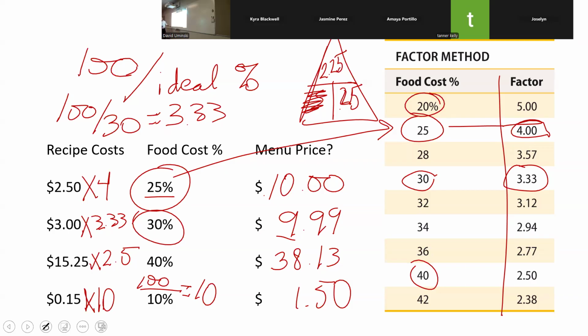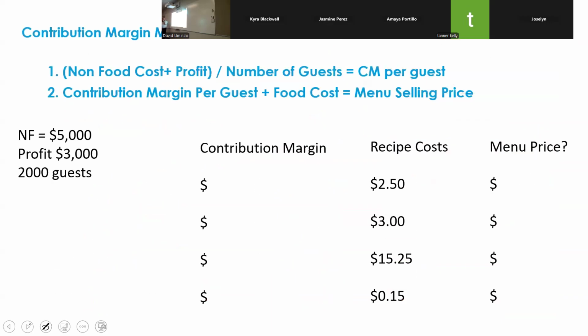Any questions about the factor method? All right, let's do another one. Contribution margin. The contribution margin is what contributes to the profit and the non-food cost. So we have our food ingredient costs, and then we have all of our non-food costs like rent, insurance, salaries, wages, all that stuff, right?